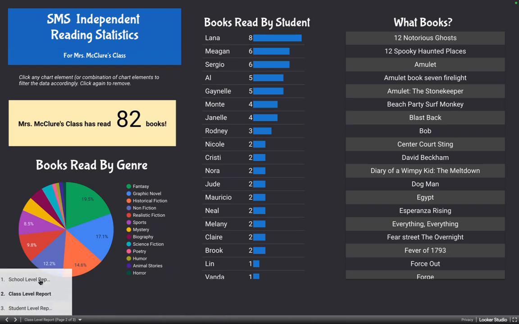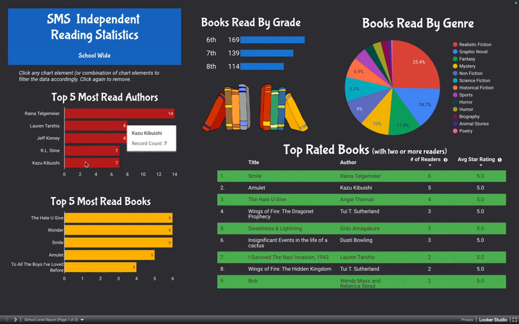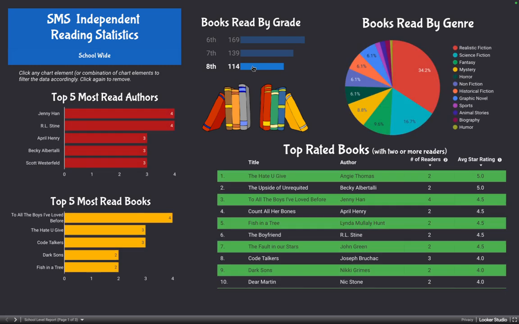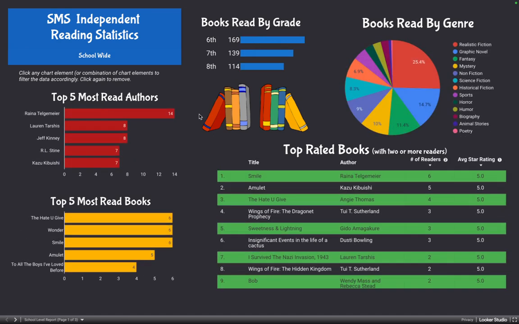Then it filters into a school level report where you can see between the grade levels at the top how many books are read by each, most read authors, and you're able to click and see things change. So if I wanted to know the most read authors in 6th grade, I'd choose 6th, and then my data changes. Or if I unclick it, then it gives me all grade levels.